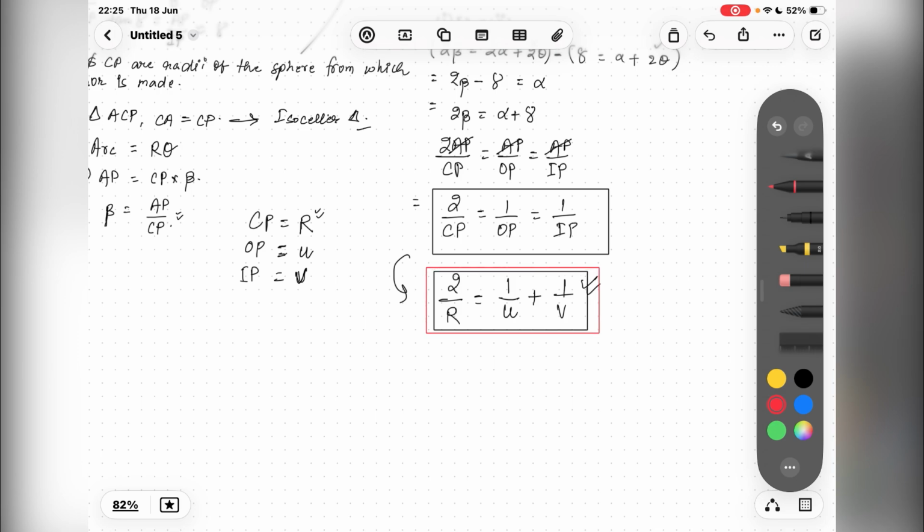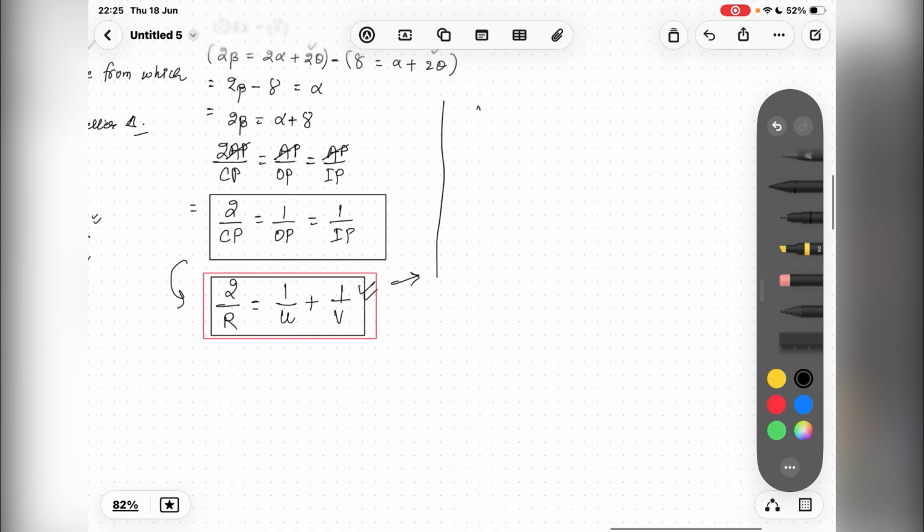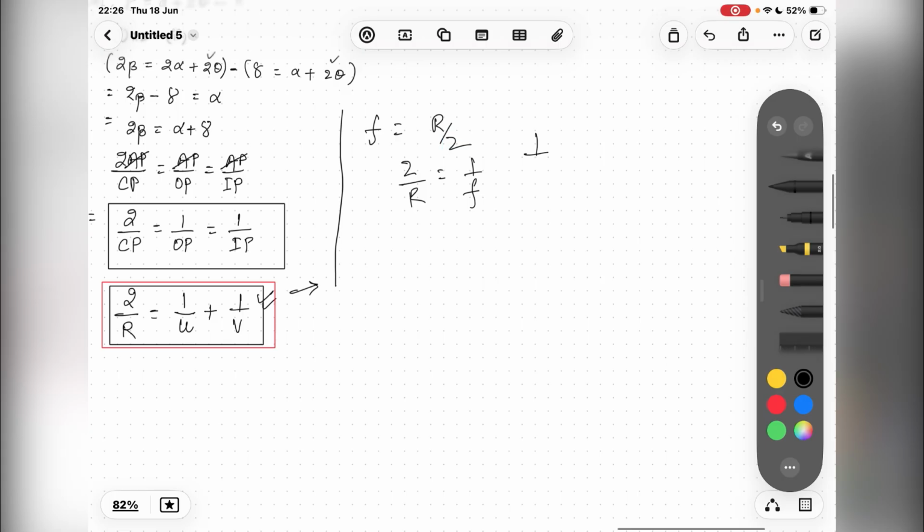Now, this same R later on. Most of you must know that f is equal to r by 2. So 2 by r will become 1 by f, so it will become 1 by f equals 1 by u plus 1 by v.